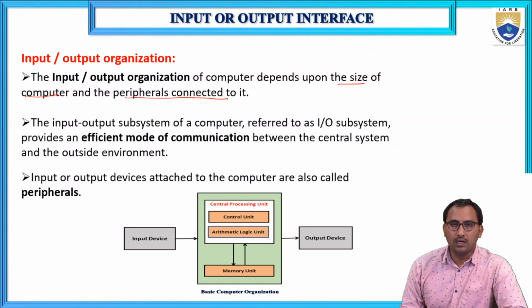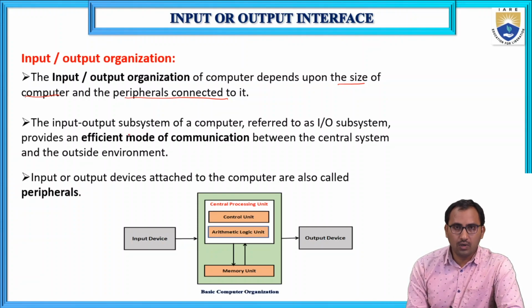These IO devices we cannot connect directly with the central processing unit because there are some differences between the central processing unit and the IO devices. In order to overcome those differences, we are using a circuit that is called an interfacing circuit.